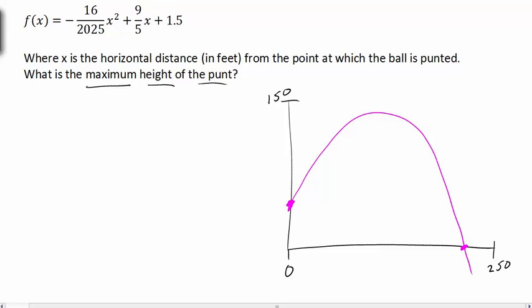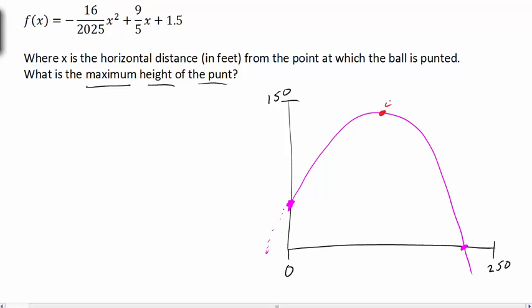If you notice over here, this point where the ball is punted, your parabola is on the y-axis, and that's because this is where the ball is kicked. In other words, when the punter drops the ball, it is this high off the ground when it is actually on the kicker's foot. So then it travels up, and then it hits your maximum point here, which is our vertex.